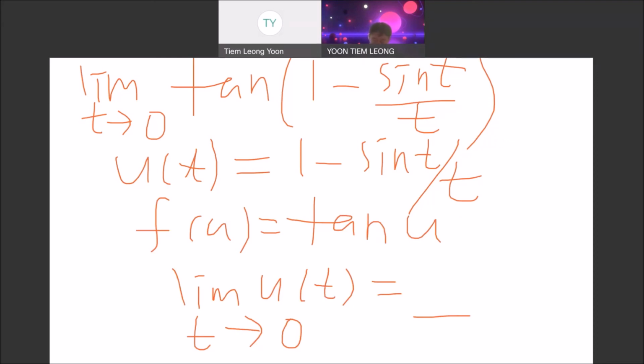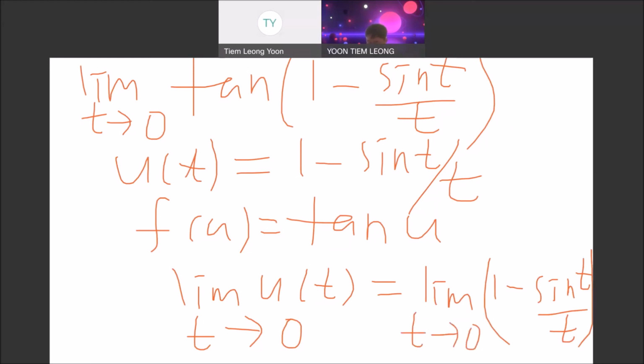You can prove quite easily that the limit of this function exists and it's just equal to the limit of 1 minus sine t over t as t goes to 0. The limit of sine t over t when t goes to 0 is already known.